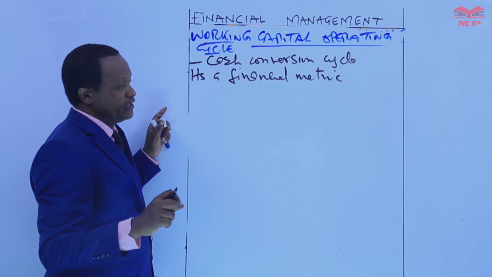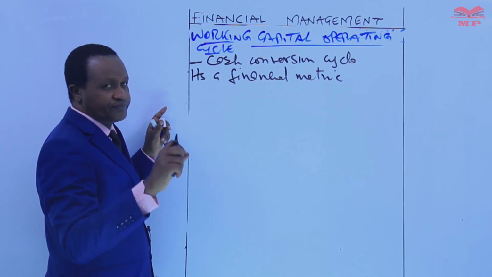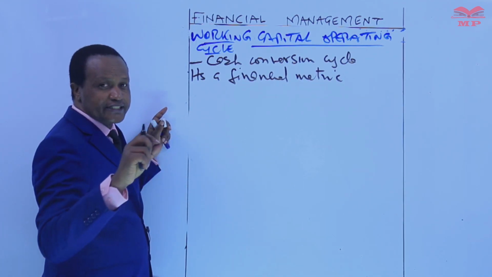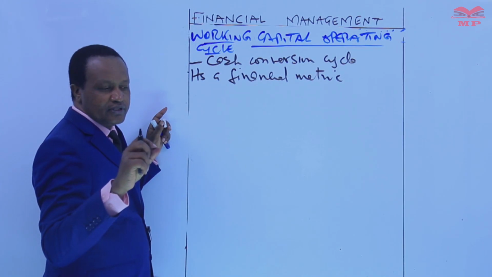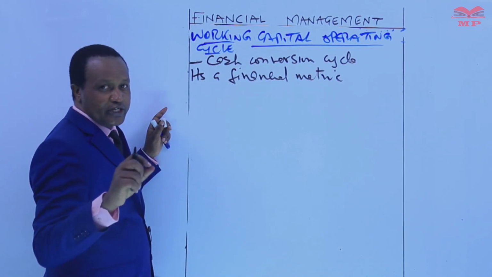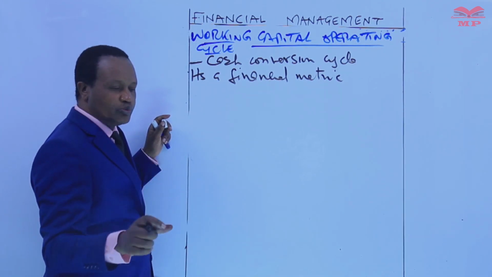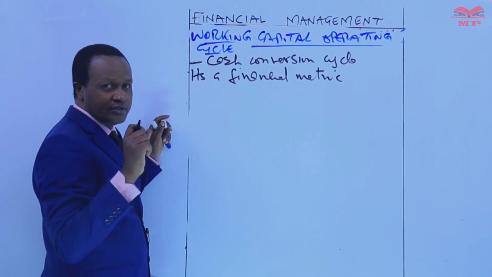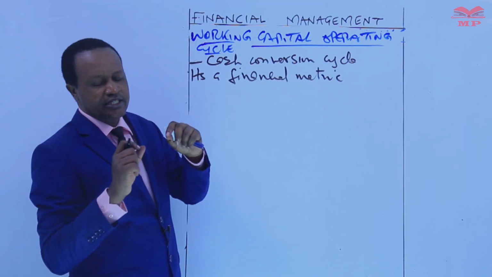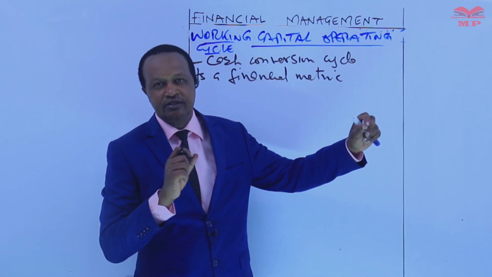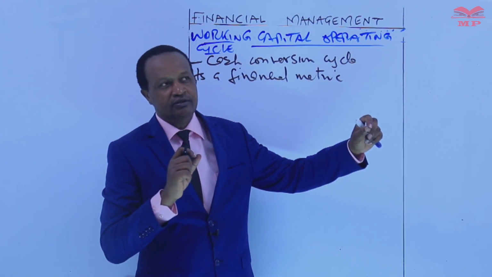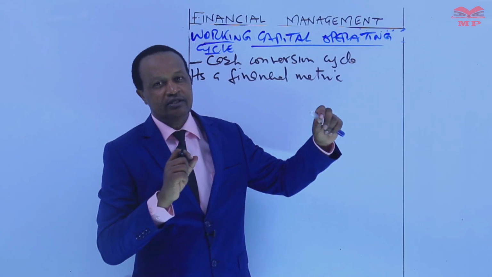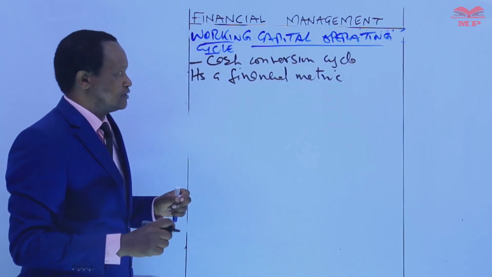Put it differently, in simpler terms, it is the time it takes for a company to purchase inventory, then sell the inventory, then collect money from customers.